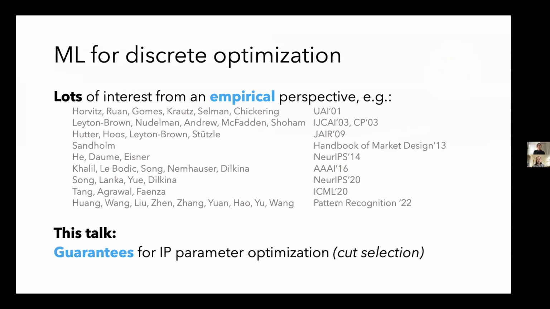And in this talk, I'm going to focus more on the theoretical end of this topic, of which there's been surprisingly little research so far. And in particular, I'm going to describe provable guarantees for integer programming parameter optimization. And I'm going to focus on cutting plane selection and describe some of the first provable guarantees for algorithm configuration in the context of cut selection.